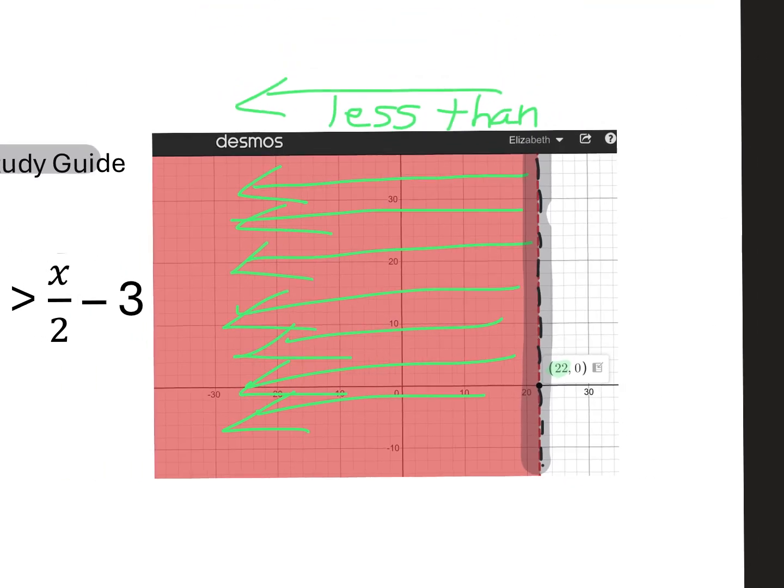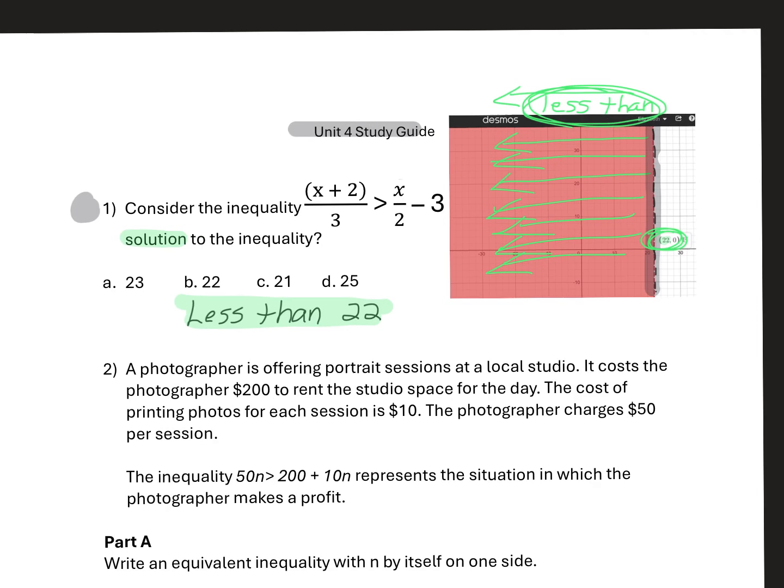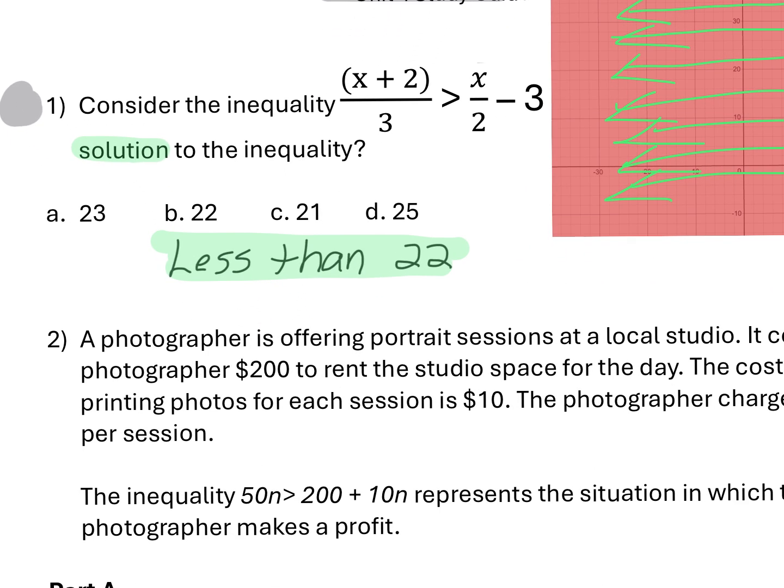So that means that solutions to this inequality will be numbers that are less than 22. So any solution to this inequality is going to be a number less than 22.